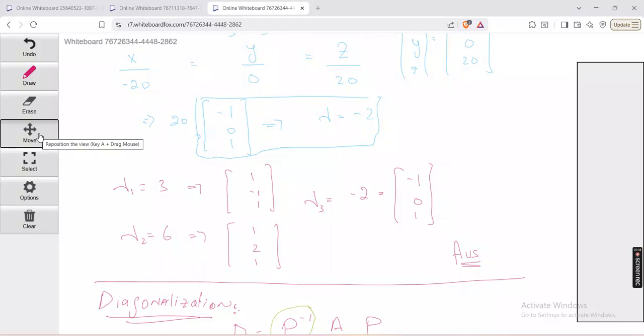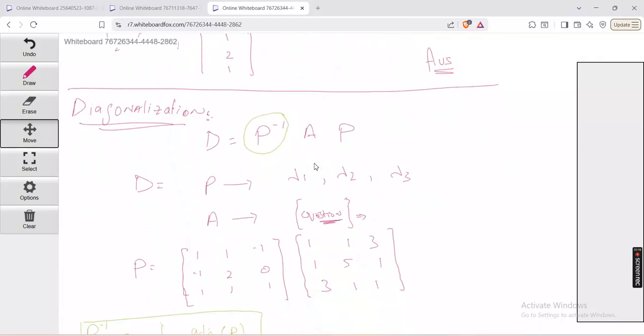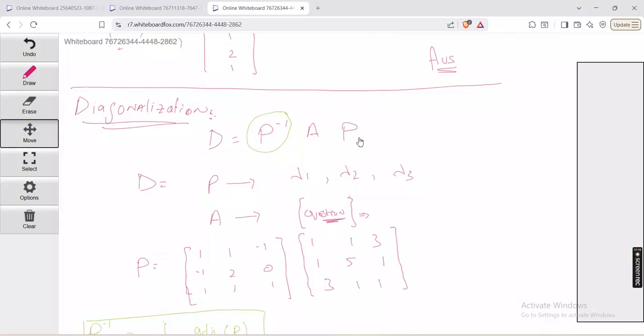And if it's asked to find by diagonalization, then you have to come here. Keep this formula in your mind, P inverse A into P. Here they said that if you want to get rid of the P inverse, then P inverse is equal to AP into AD.